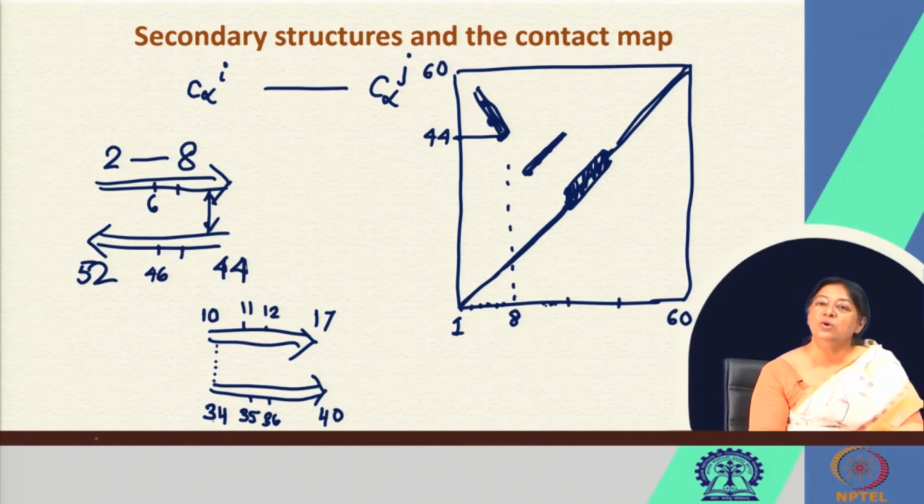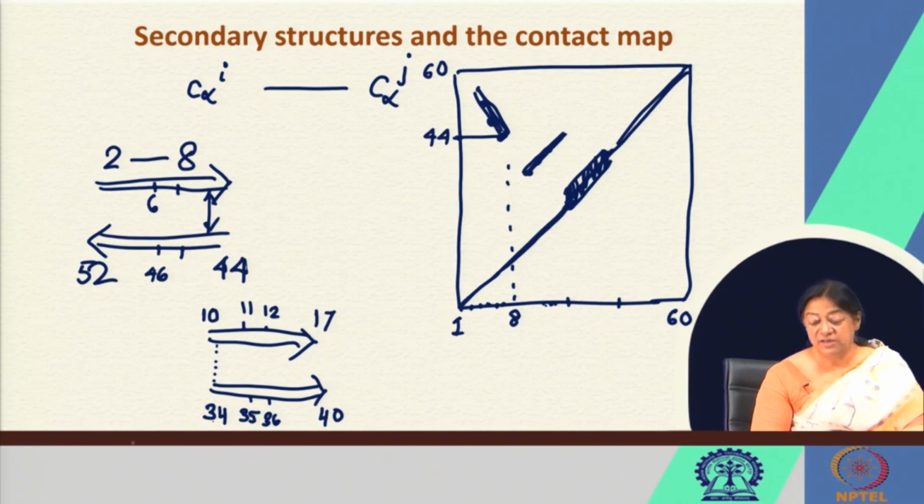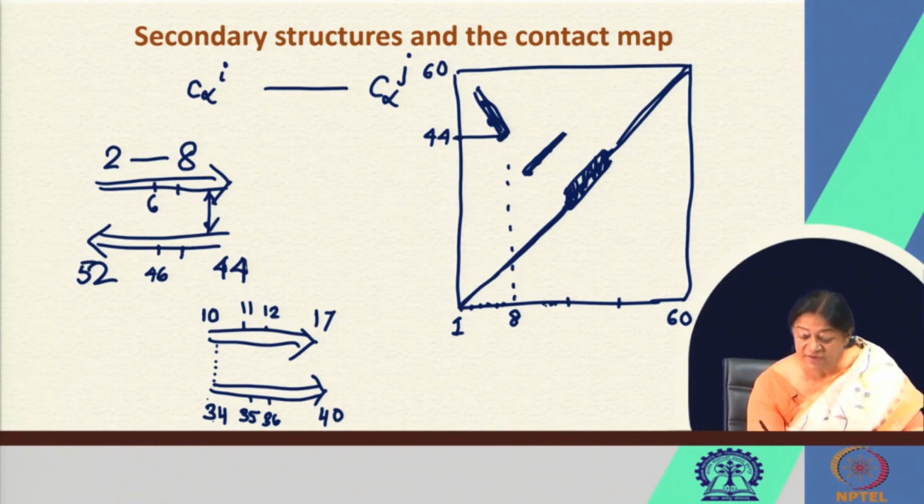So, when I look at specific regions of the protein in a contact map built from the 3-dimensional x, y, z coordinates, I can identify specific secondary structures on the contact map. For example, if I have an extra dot here, this extra dot may give me some information.